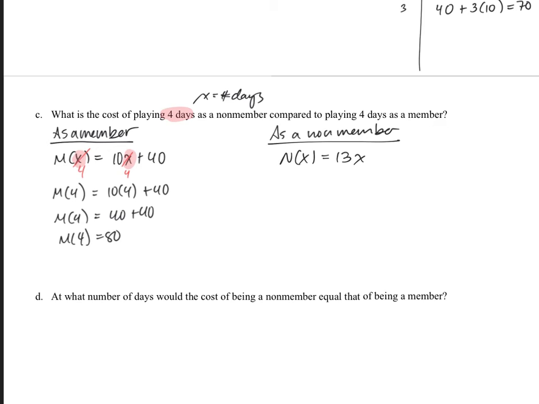However, if we look at n of x for non-member, replacing with 4, n of 4 equals 13 times 4, and 13 times 4 is going to be 52. So, what is the comparison?